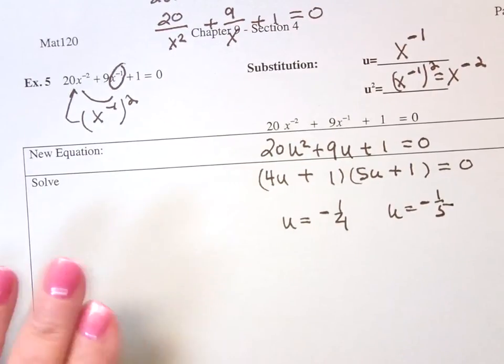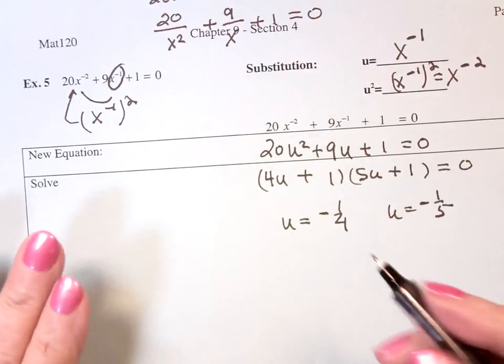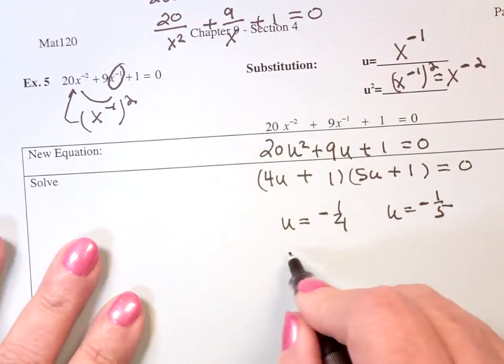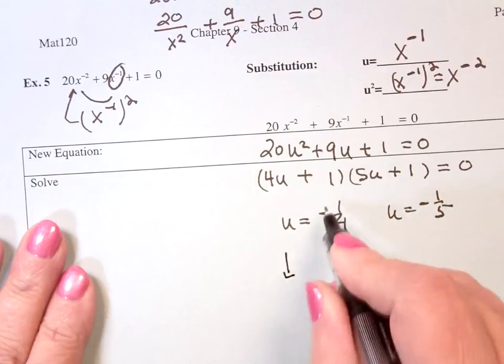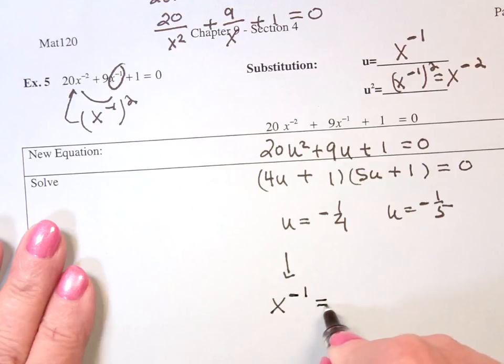This is going to be a little different than your pre-homework in a sense, because you're not going to have the fractions to start out with. But I know that if u is negative 1/4, x to the negative 1, that's what u is, negative 1/4.